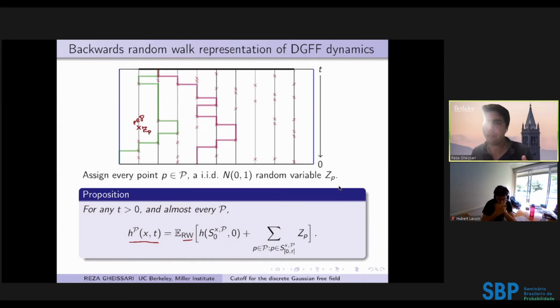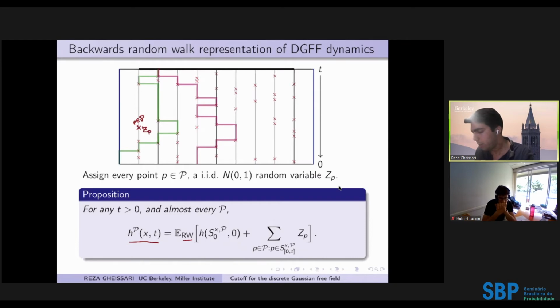So time 0 is after a time negative t of running it. You just evaluate the initial height profile. Now, if it's hit the boundary before then, this contributes nothing because the initial profile takes value 0 on the boundary. So it only contributes in the case of this red random walk, for instance, where it gives you whatever h of y was here, h0 y. So that's the first term.